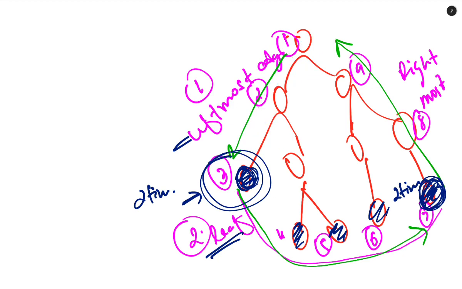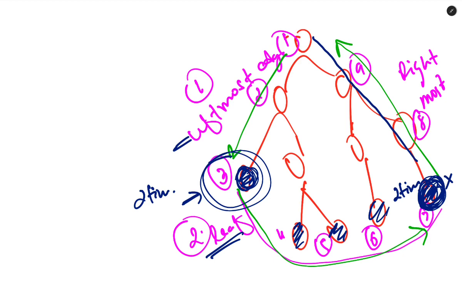Other than the leaf node, it will check for all the nodes. Similarly, in the rightmost, I will check for all the nodes, but not the leaf node.